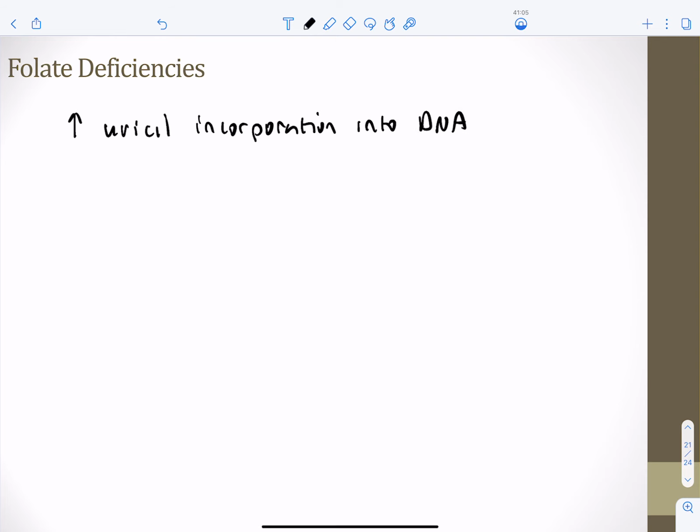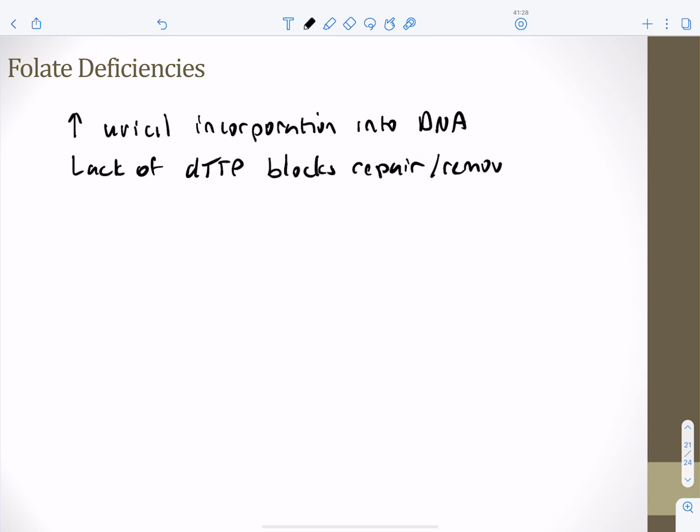Now, uracil can usually be removed by DNA repair enzymes, but the lack of that dUMP to dTTP is going to block this. So this results in fragmentation of the DNA and a block to normal DNA replication.